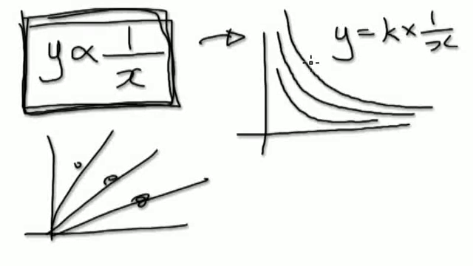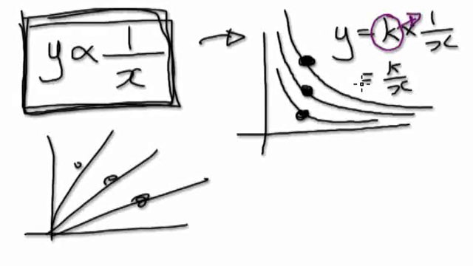The k determines which line represents your situation. This line will have one value of k, this one another value of k, and this line another value of k. Whenever you multiply a fraction by k, it gets multiplied to the top, so you can imagine it as k over x.